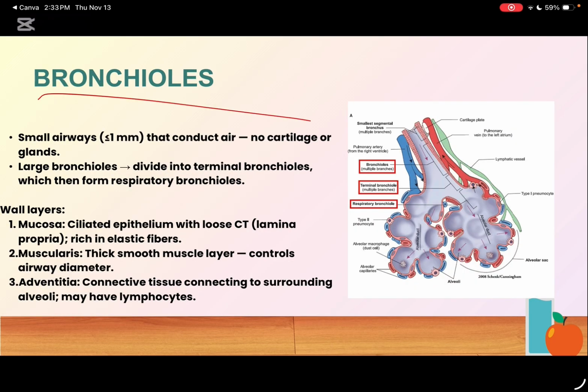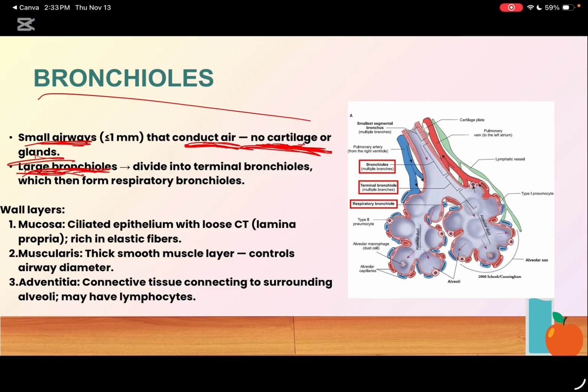Now, bronchioles. Bronchioles are basically small airways, basically airway conduction. And bronchioles have no cartilage, and no glands. We have an exception: sometimes, very rarely, in large bronchioles we would have very, very little cartilage, but we don't even take it into account.